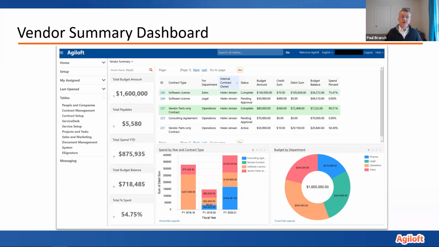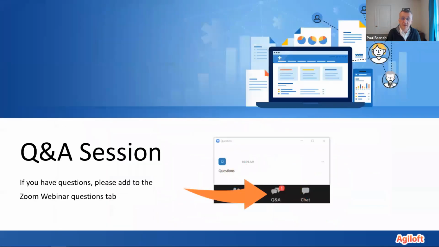Really, that's a good highlight. We're getting lots of questions around interconnection with other platforms. So electronic signature is one. Does Agiloft support electronic signature tools, and if so, which ones? Do you have APIs into these industry standard tool sets?